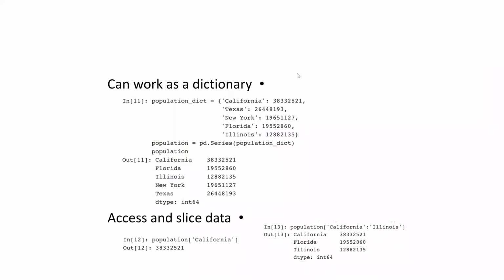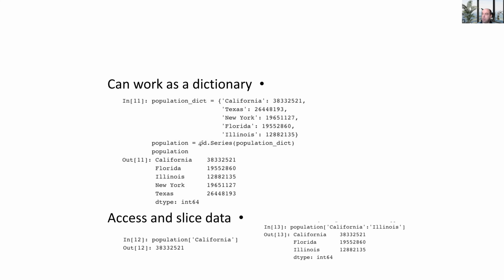Sorry, was there a question? No question? Okay. Because a series has index and values, it can work as a dictionary. So I can define it using a dictionary instead of two lists. I can use a dictionary saying California and the population, Texas and the population, New York, Florida, Illinois, and so on and so forth.